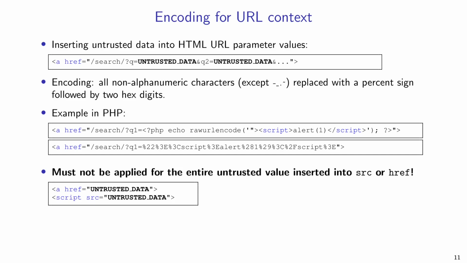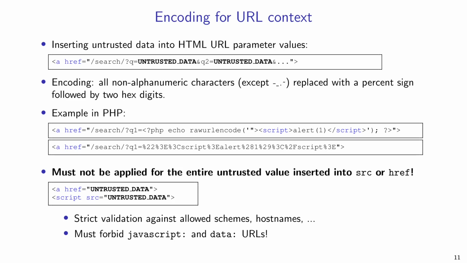So in a case where we have to insert untrusted user input in the entire URL, no encoding will help us. In such a case, we have to perform strict validation against allowed schemes, hostnames, and other URL components. Note that we must forbid the JavaScript and data URLs as they can be used to execute JavaScript. So that's it about the encoding for the URL context.